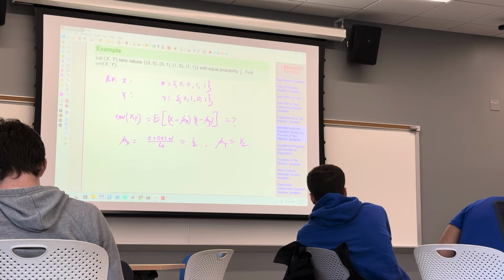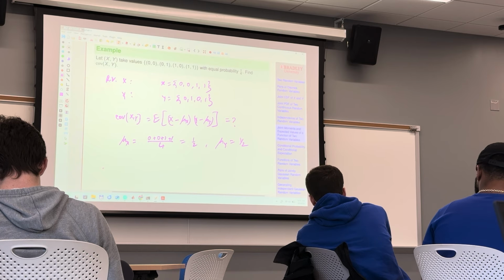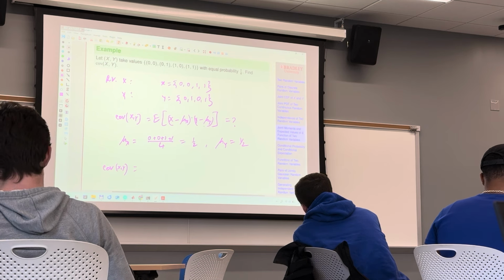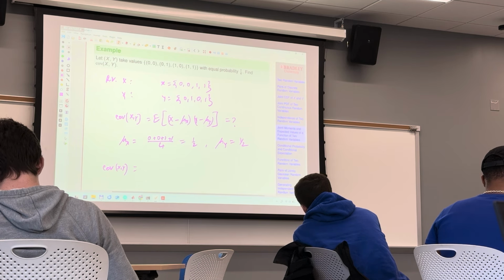So now covariance of x comma y equals, because it is discrete, you just take the summation of this quantity divided by 4.